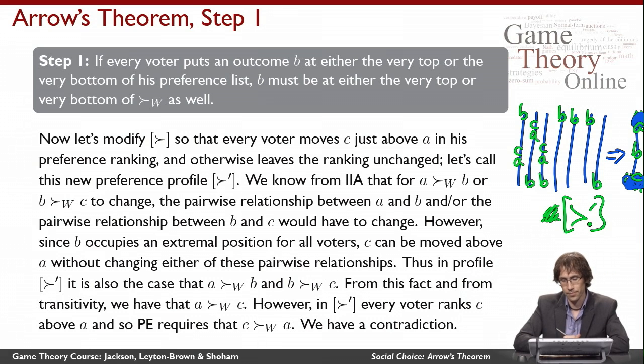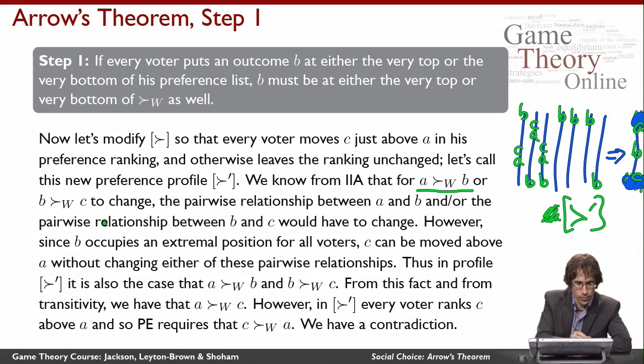So now we're going to start using these definitions that we've assumed about the preference ordering. We know from independence of irrelevant alternatives that in order for these two facts, which we've assumed are true here, to change, the pairwise relationship between A and B or the pairwise relationship between B and C would have to change for some of the agents here.